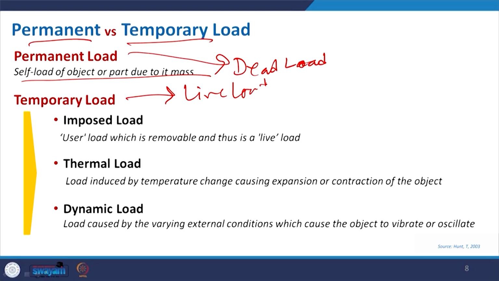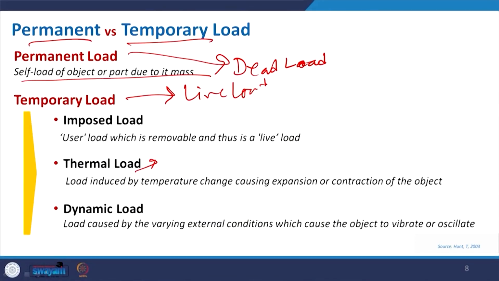So, what is imposed load? Basically the user defined load. It includes everything from human beings to furniture and all the machinery that we use. Thermal load is related to the heat: due to a change in temperature, what load will be applied to a structural component or building.